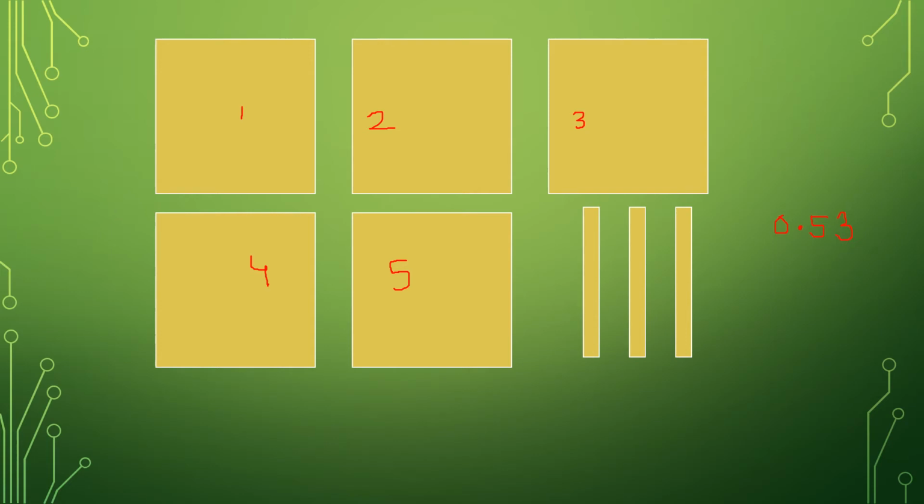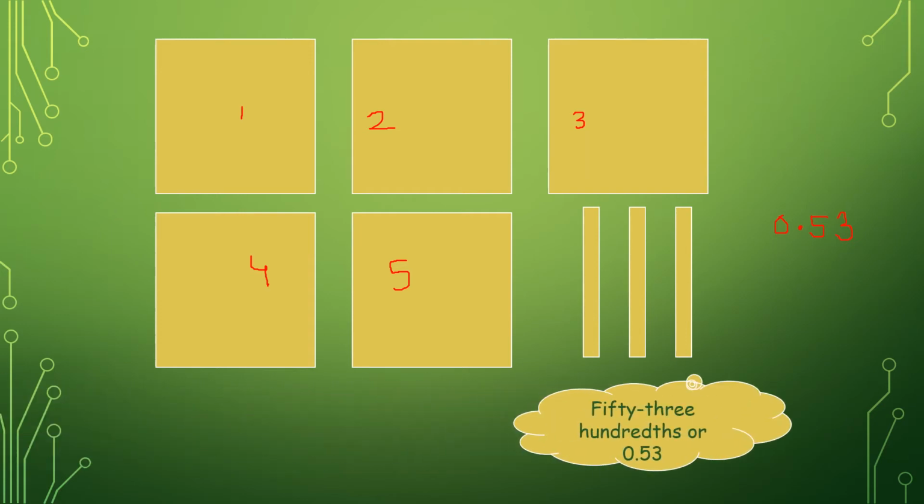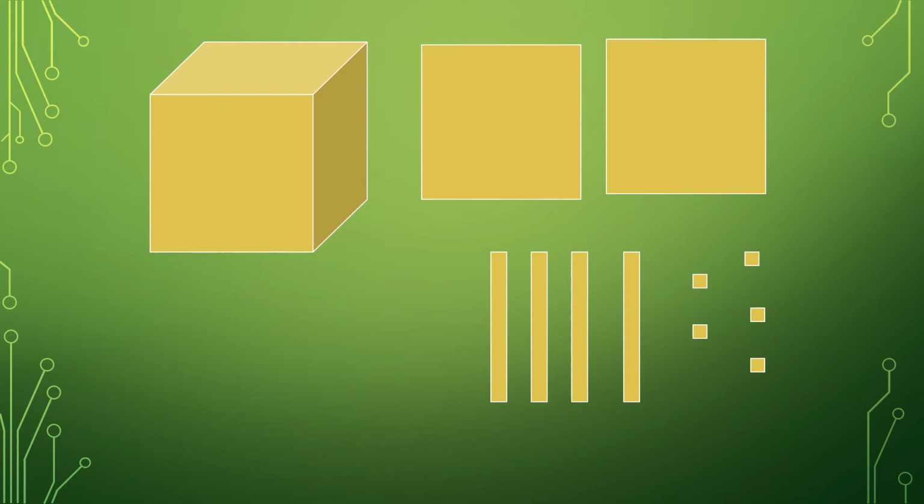By the first method I can name it as 0.53, and by the second method I can name it as 53 hundredths or 0.53.